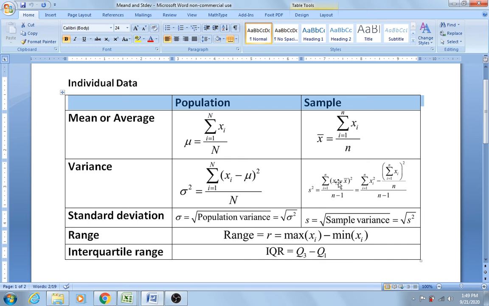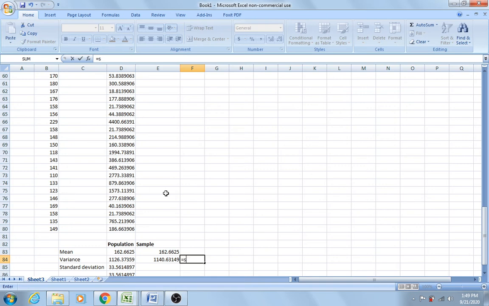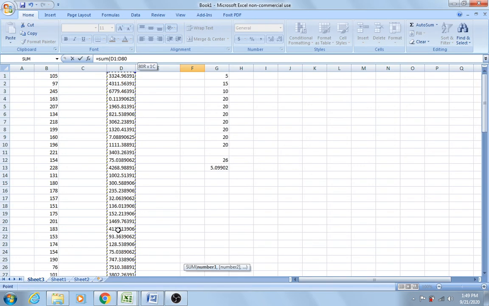I need to calculate the difference between each data point and its average, square them, then add them together and divide by n-1. So I need to sum all these, because they are the differences between each individual data point and the average.